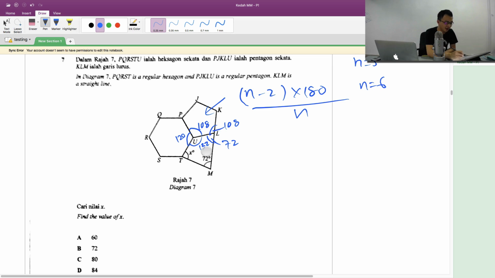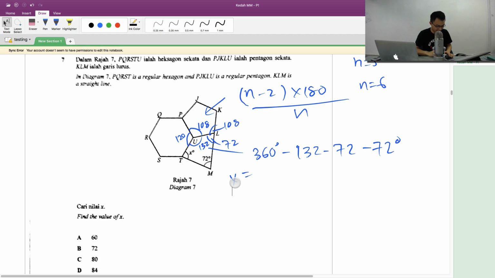TULK is a quadrilateral, means 360 minus 132 minus 72 and minus 72 again. Then I can get the answer for x. So 360 minus 132 minus 72 minus 72, so it's 84. So the answer will be 84.